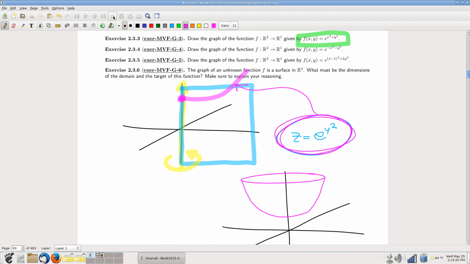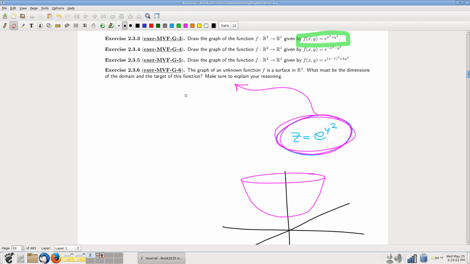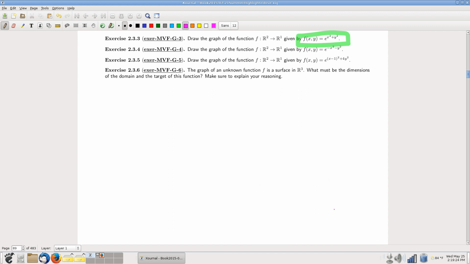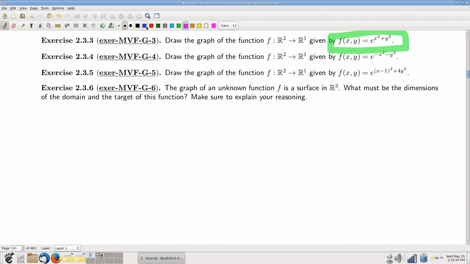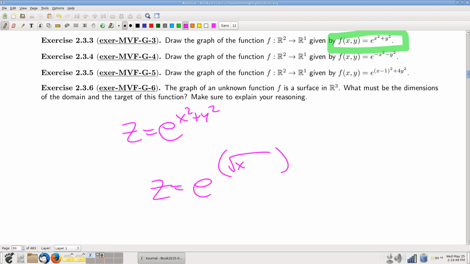So here's a way of addressing that. Let's look at the function again. The equation for the graph is z equals e to the x squared plus y squared. And I could rewrite this as z equals e to the power of square root of x squared plus y squared, squared.